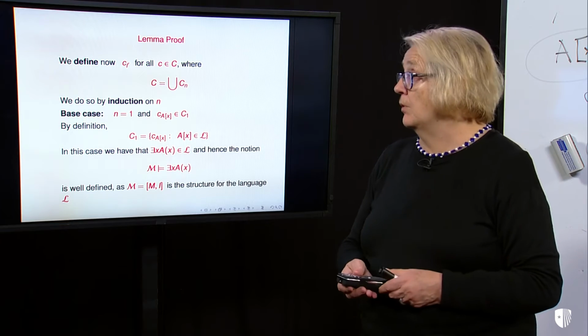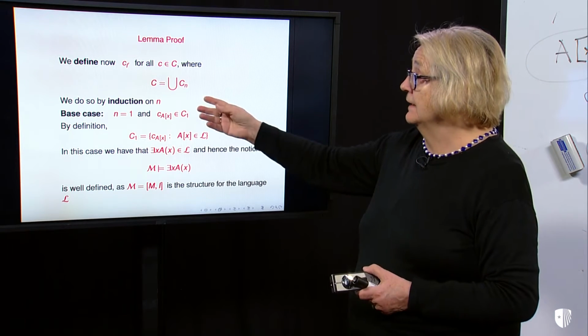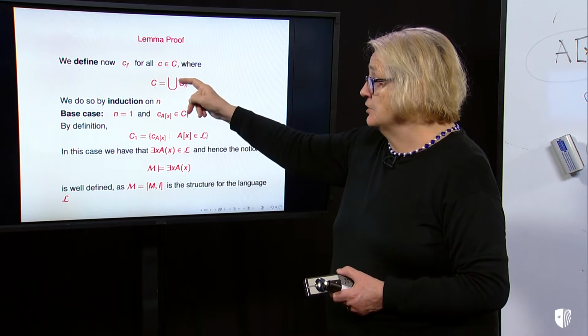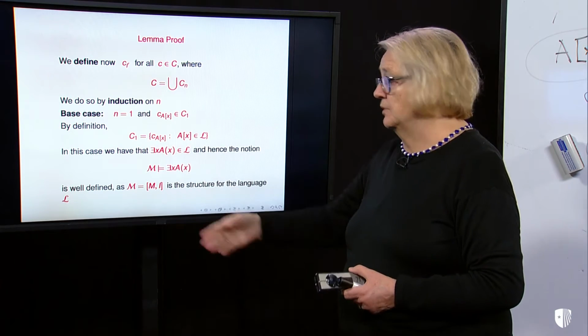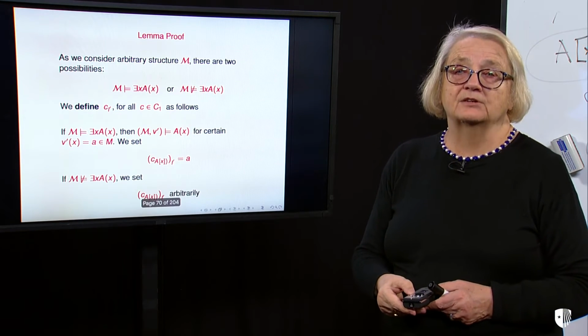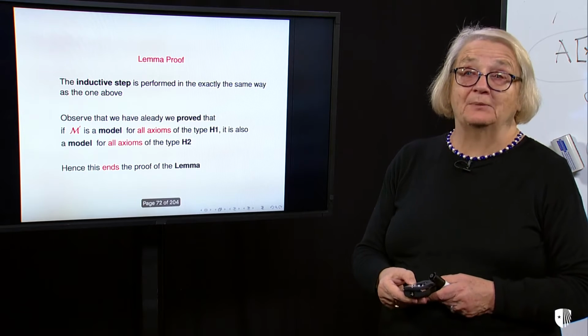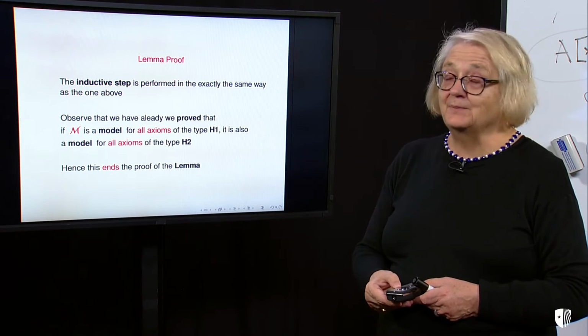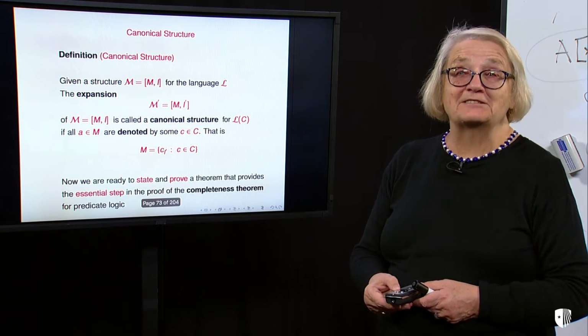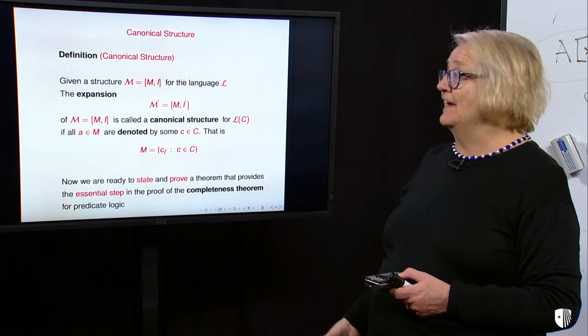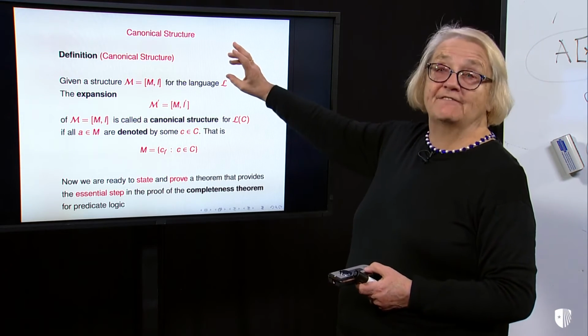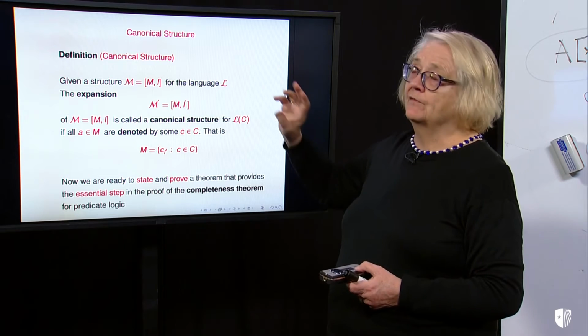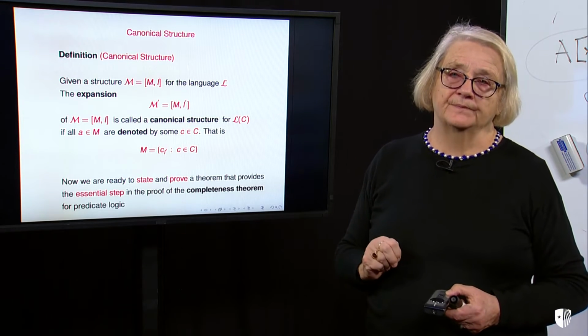And then we prove the lemma. We define L_C as the union of all L_Cn, and you do it by mathematical induction, step by step. In the inductive step, there is no step missing. And that all leads to the definition of what is called a canonical structure.